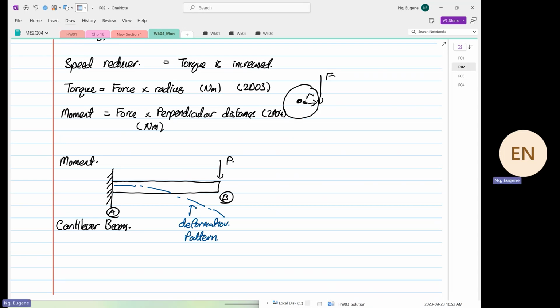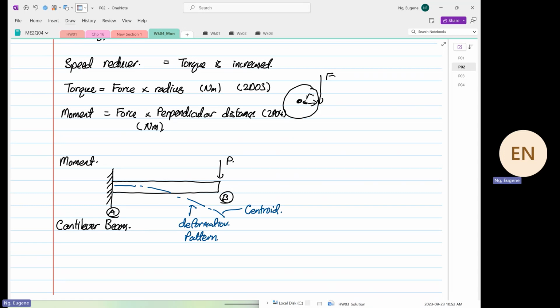Okay. And this axis, I want to tell you, this axis is known as our, I forgot the name. Wait. Neutral. Sorry, this axis is known as our centroid. Okay. That axis is known as our centroid.